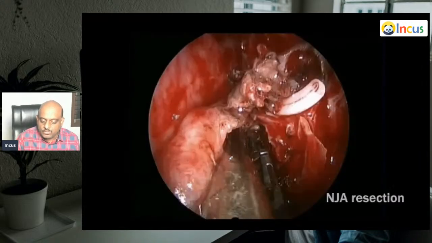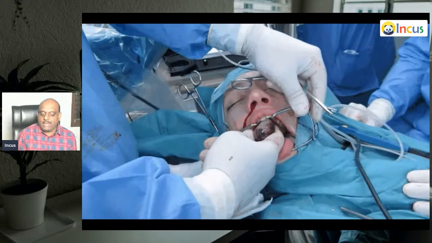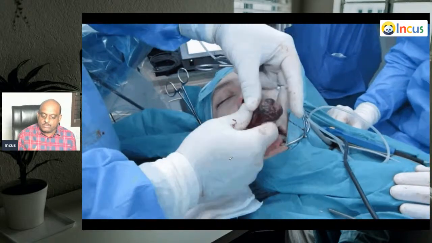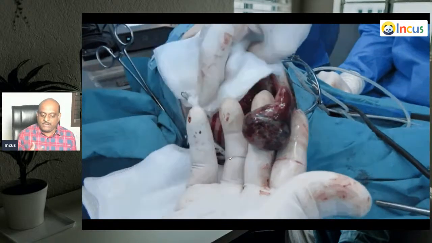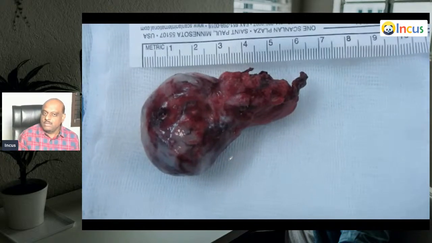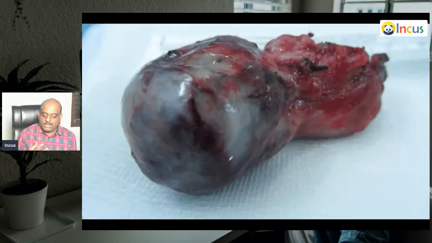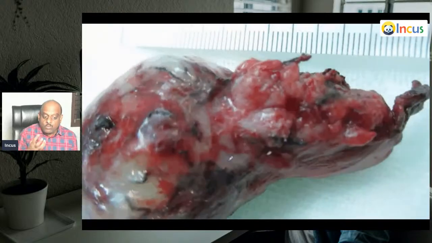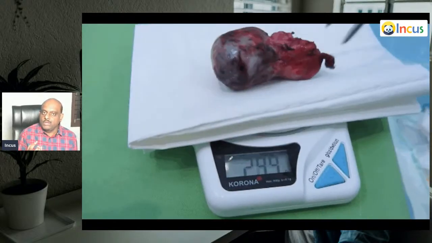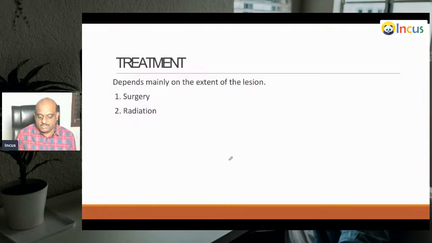So this is how surgery is one of the mainstays. So this is how the tumor mass has been removed. In the juvenile nasopharyngeal angiofibroma, you can see how vascular this tumor is, leading to the epistaxis.